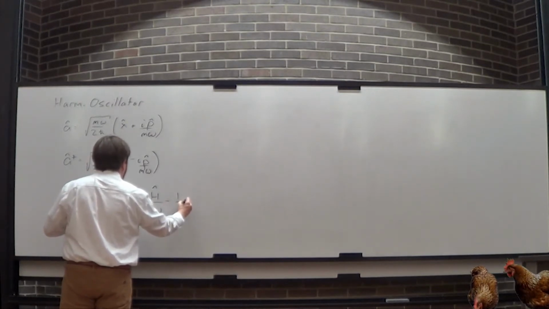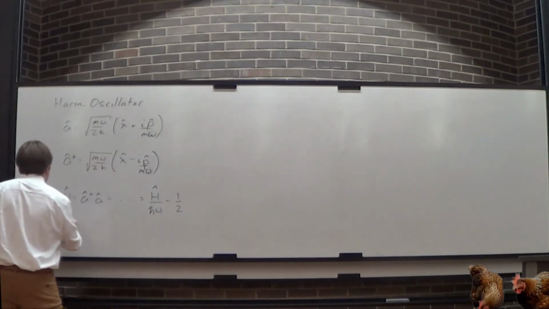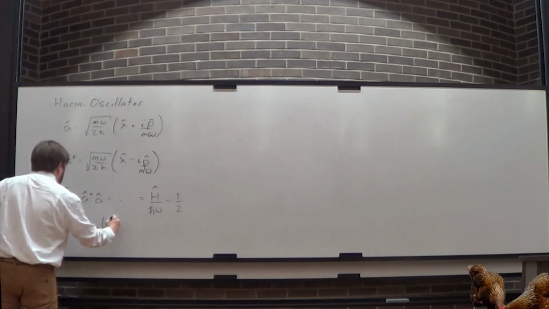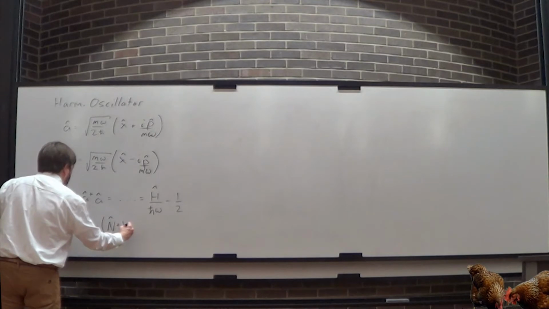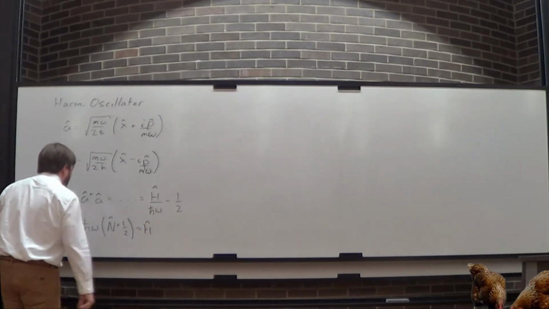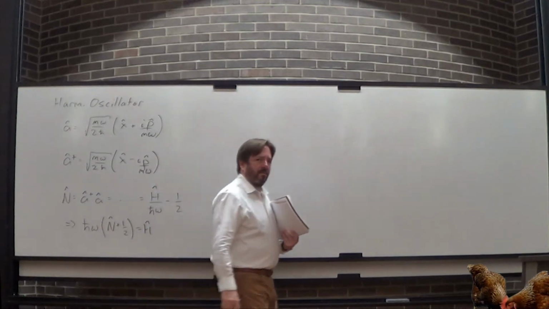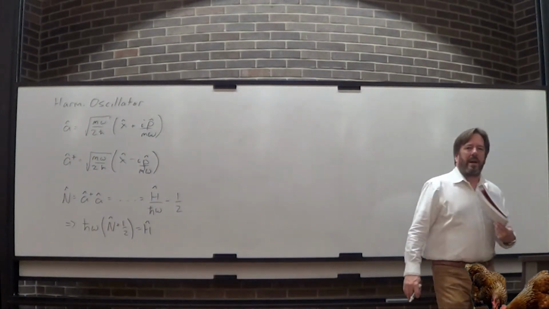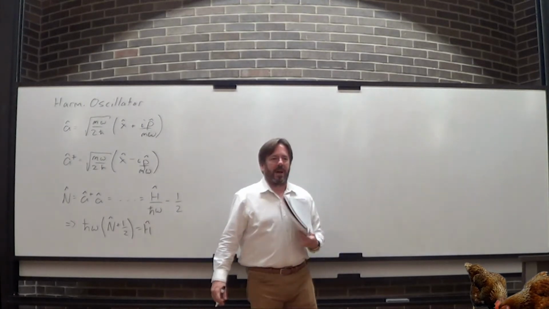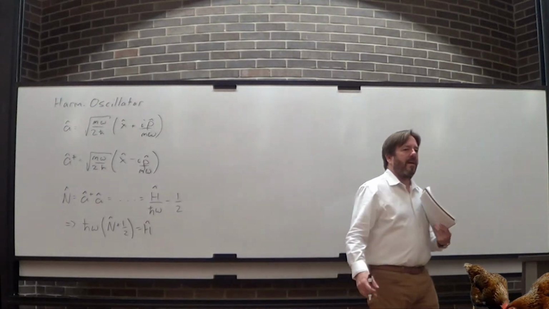We end up with this minus a half, and therefore n plus 1/2. So cool. At this point, I think we're just playing tricks with operators. We have these new operators. What the hell are they?